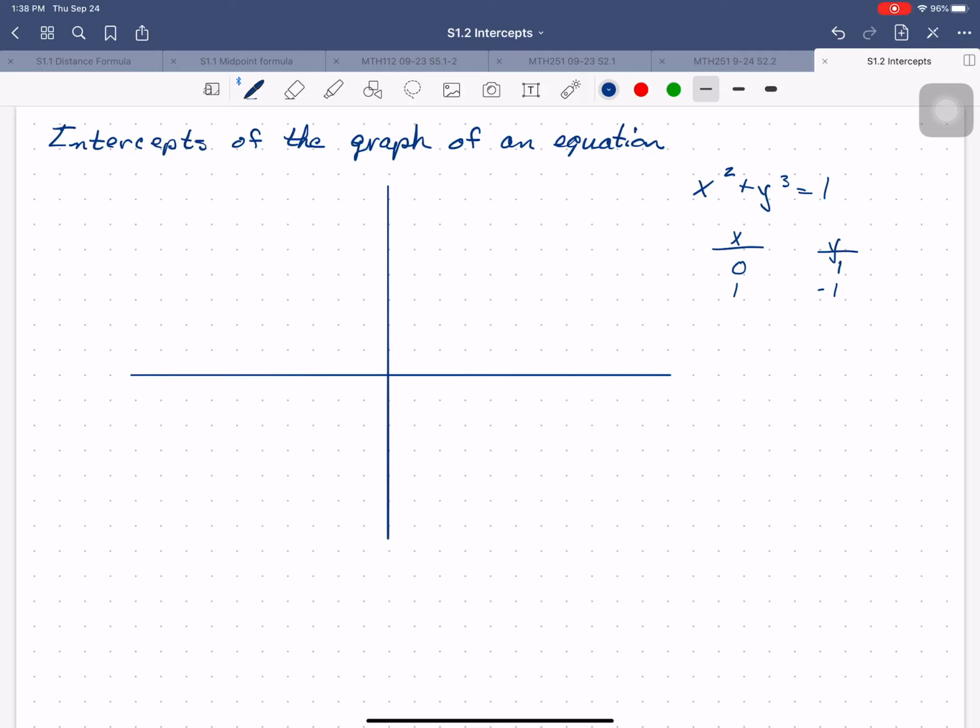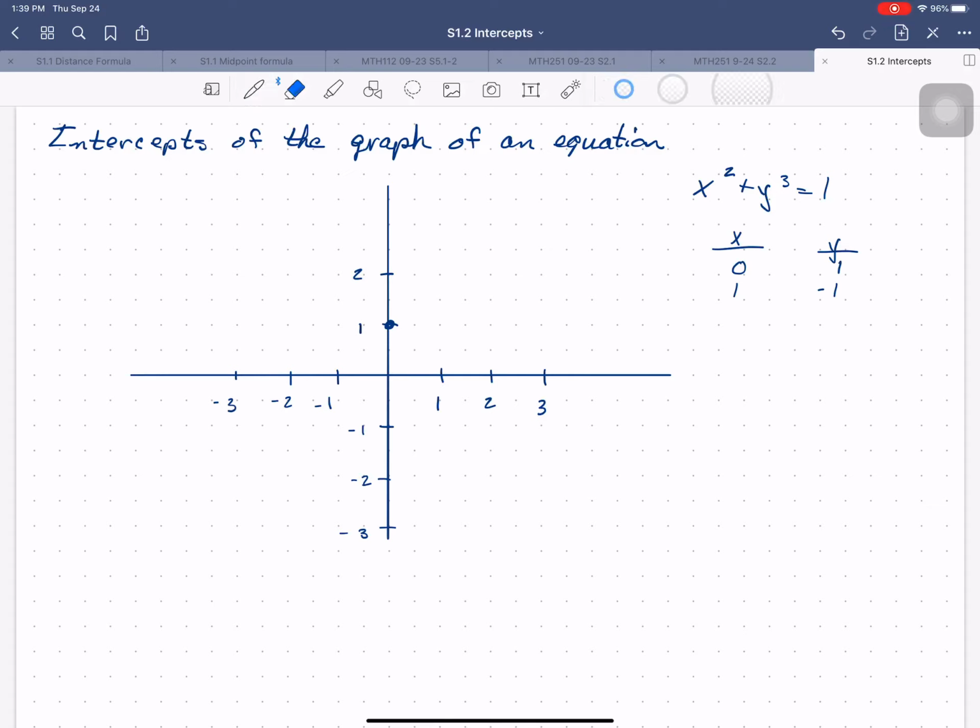So I've got a couple of points already. I know the point 0, 1, and I'm going to do this. So this is 1, this is 2, negative 2, negative 3. Okay, so I've got the point 0, 1.